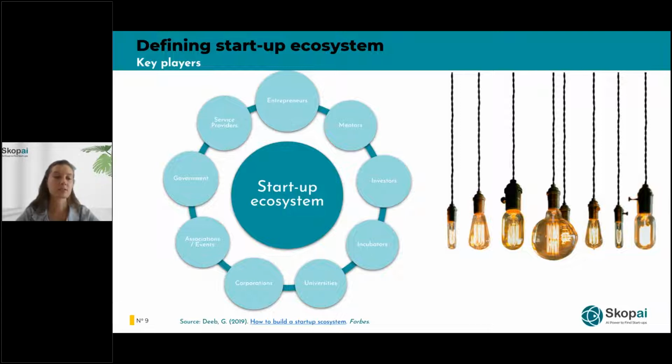Associations and events organized around a particular topic or field. Then the different governmental agencies and service providers, which include different agencies, recruiters, or consulting firms.